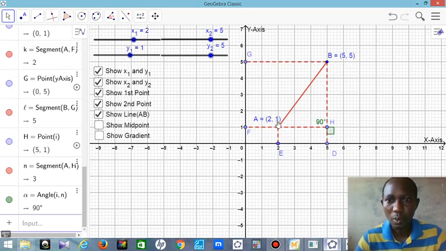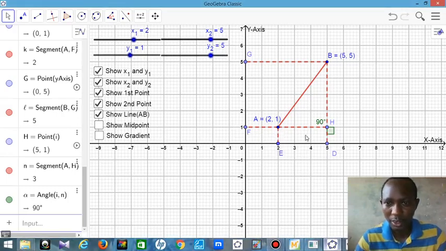So if this is x1, y1, x2, y2, then for the distance from H, you can see this is x2, which is 5, then minus x1, which is 2.